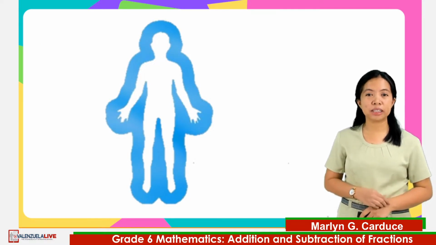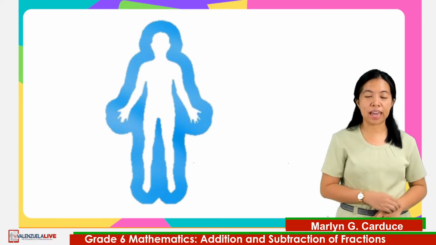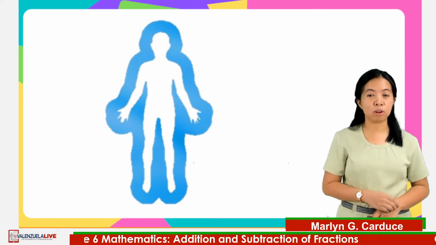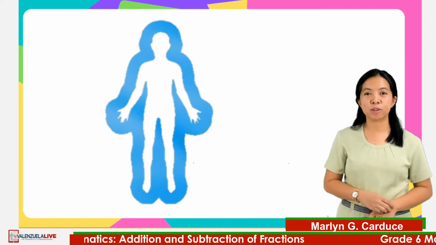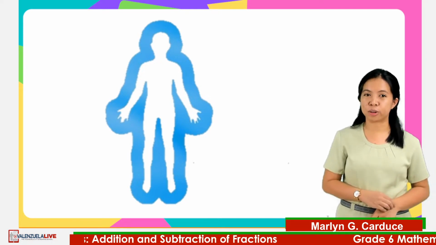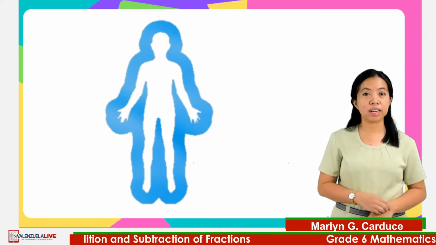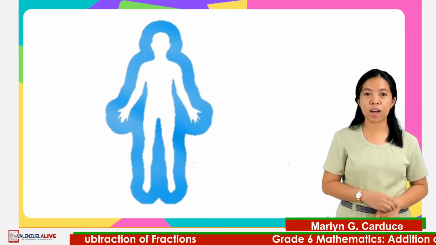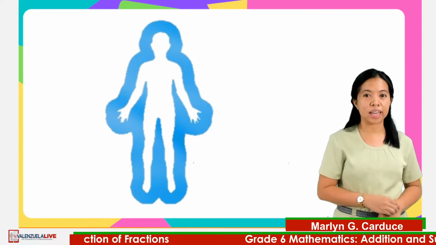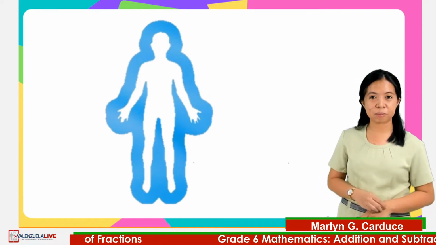A healthy body follows a healthy mind, and a healthy mind will have more effective learning. To easily learn our topics for today, we have to make sure that our mind and body are healthy. For us to be healthy, we should know how to take good care of our body. And how are we going to do that?